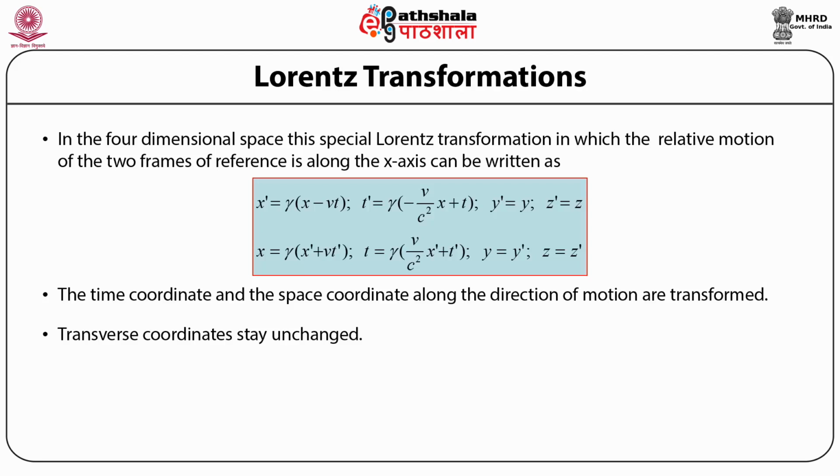So here again what we see is that the transverse coordinates, that is the coordinates y and z in the k frame of reference and y prime and z prime in the k prime frame of reference, remain unchanged so long as the relative motion between the two frames of reference is only and only along the x-axis.